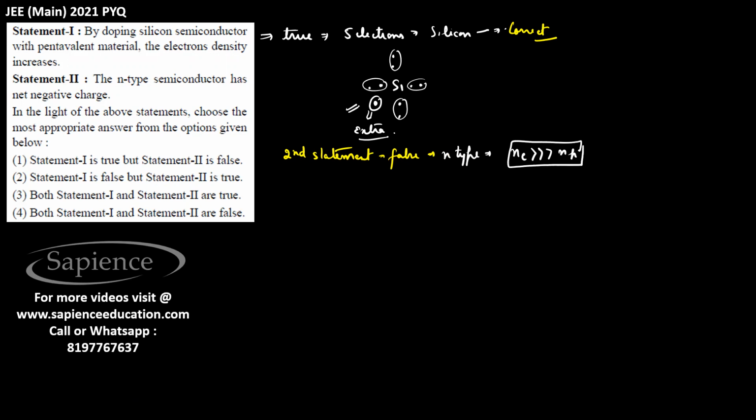It doesn't mean that it is electrically charged. It only means that to maintain electrical neutrality, the material itself will adjust and make a composition in such a way that it will remain neutral as such. So all types of semiconductor, whether p-type or n-type or a diode also, are neutral substances.